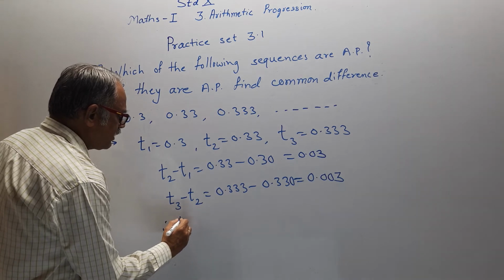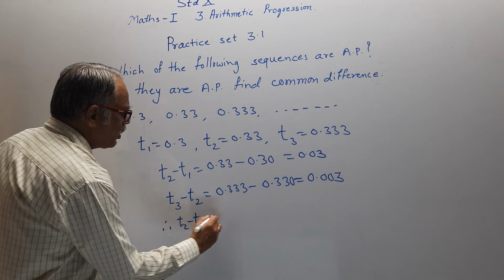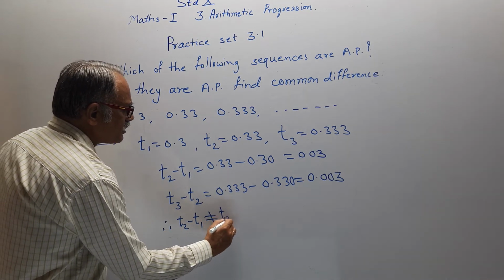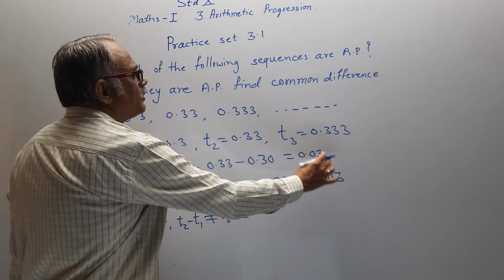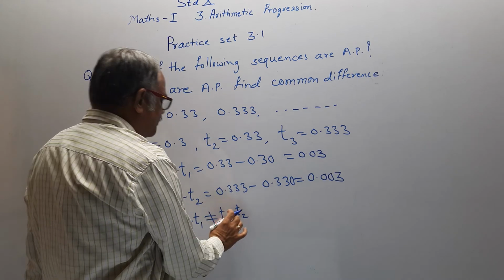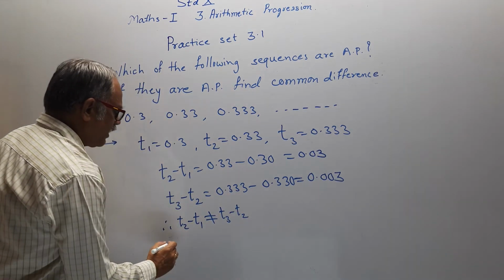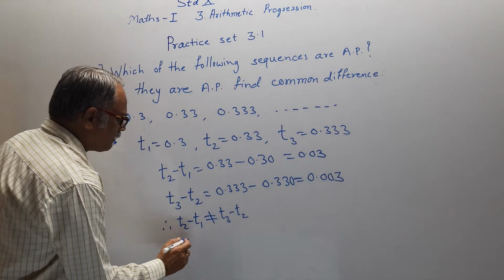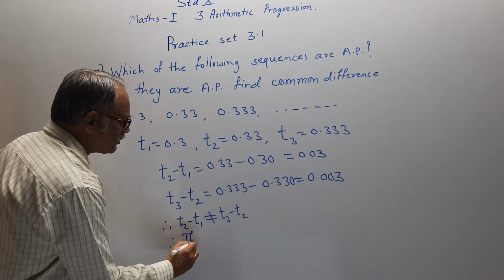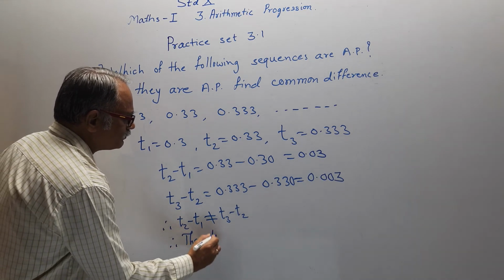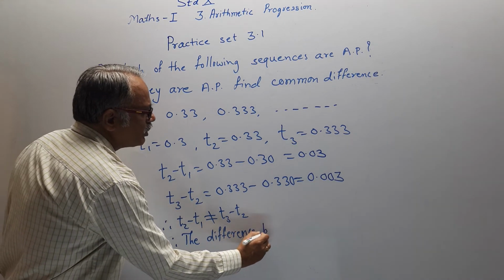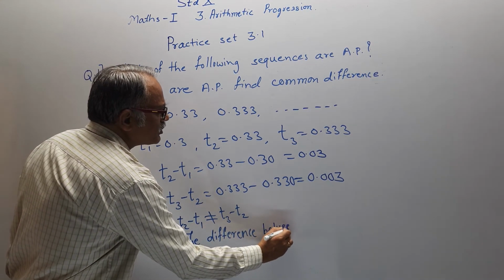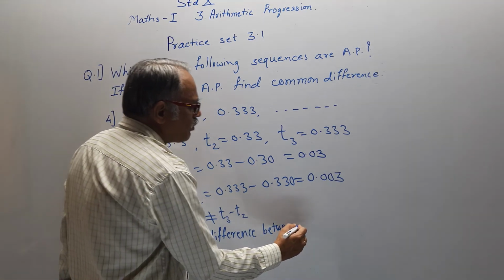Therefore, T2 minus T1 is not equal to T3 minus T2. For your understanding, it looks equal, therefore I have separately written it. And therefore, the difference between consecutive terms is not constant.